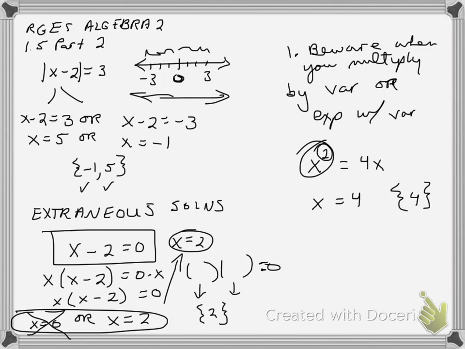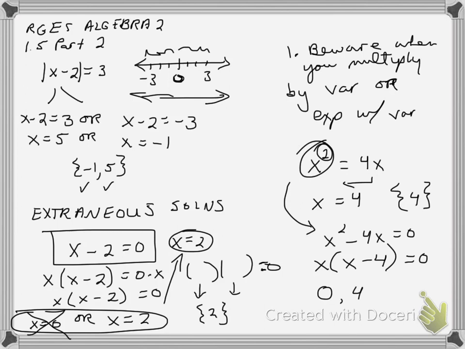And in fact, there's going to be a better way to solve this. If I solve this by taking this to the left, I would go x squared minus 4x equals 0, factor. And then I have two answers, two solutions, as we showed before, 0 and 4.